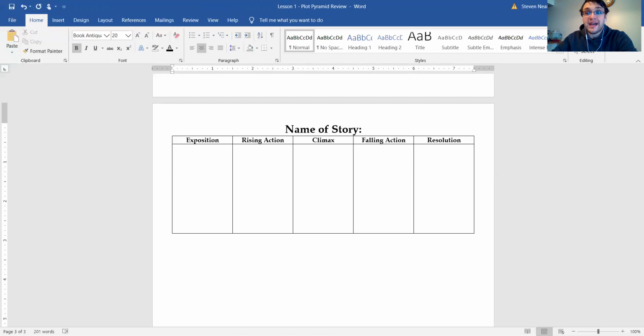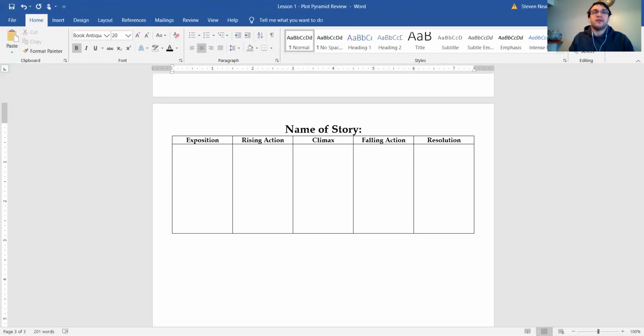First, you're going to write down the name of the story, and then you're going to jot down your ideas about what parts of the story include the exposition, rising action, climax, falling action, and resolution.